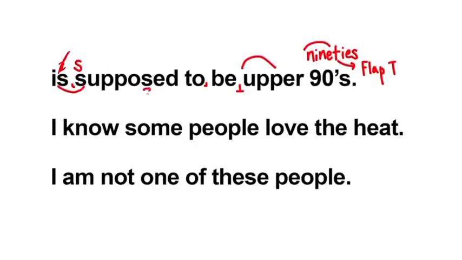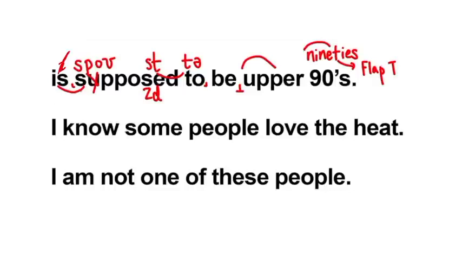Officially this would be a ZD ending, but I make it unvoiced, ST, and when I link that into the next word that begins with a T, the word to with the reduced schwa, I just make one T sound. Supposed to. I'm basically dropping this first syllable. I drop the vowel, so it's just supposed to.